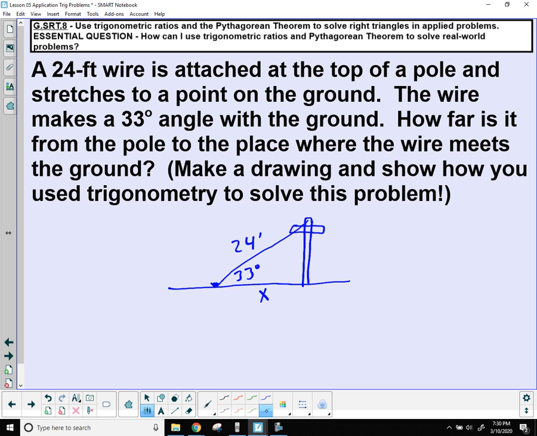Let's label this thing. 33 degrees is right here. So X would be the adjacent side. 24 is the hypotenuse. And the pole would be opposite. Now look, they're not asking how tall the pole is, so we don't care too much about this opposite side.